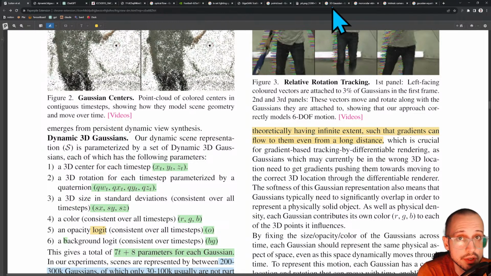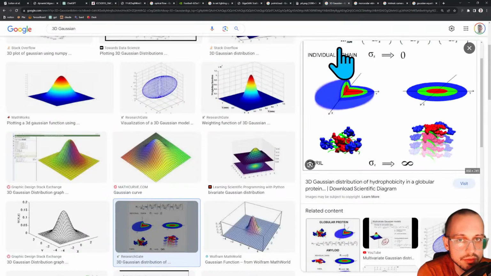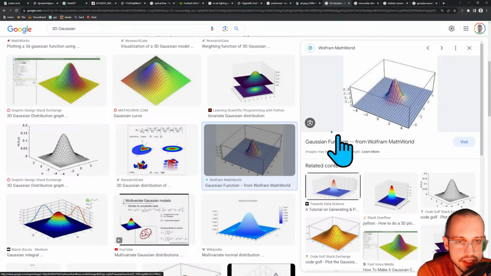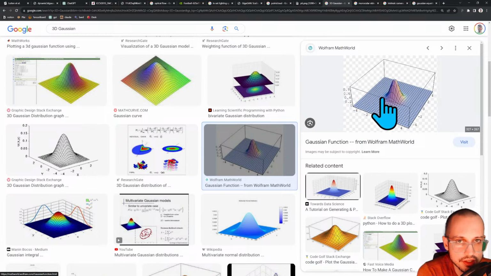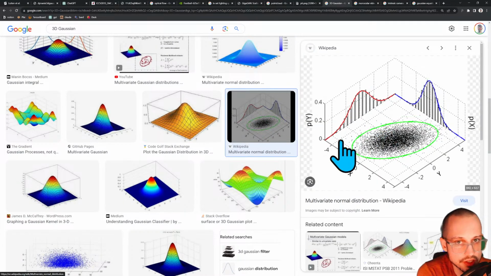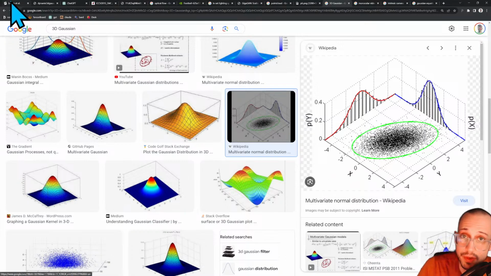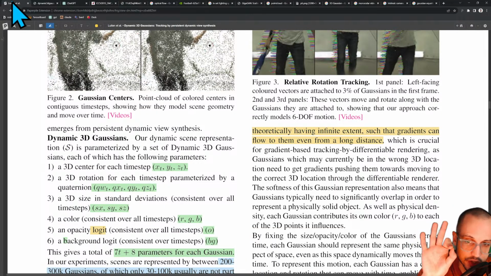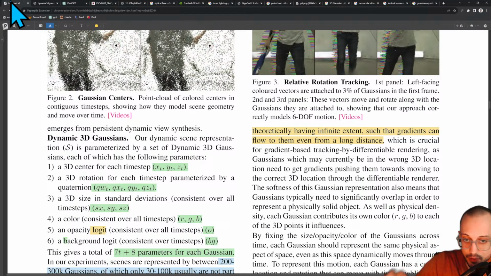Okay, so interesting. So they're saying that a Gaussian technically is defined infinitely. It seems like it just drops off, but it's not exactly zero here, right? It's hard to see with a 2D Gaussian, but there is some amount of probability mass here, and that means that if you're pushing gradients and saying, okay, this pixel over here should have this particular appearance, maybe a Gaussian that seems like it's initially far away actually has a very long tail that goes right through that point.